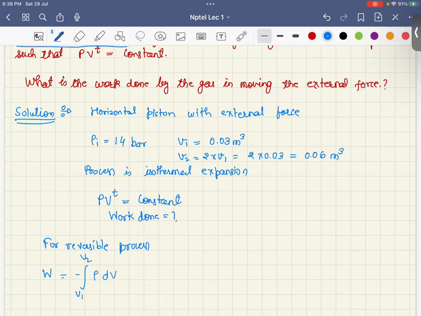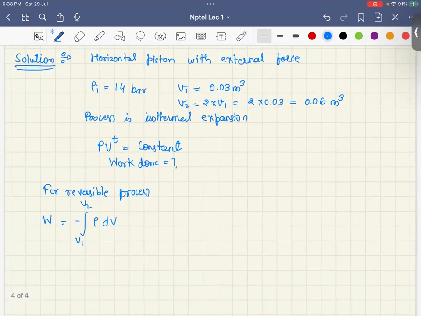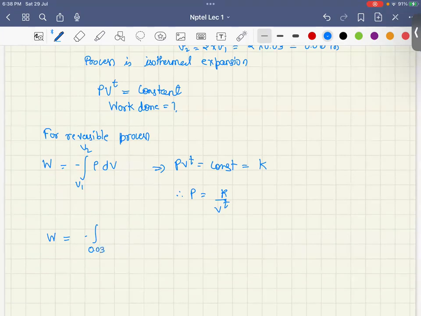So in this case, we know that PV to the power T is going to remain constant. Let's call that constant K. Therefore, P is going to be K by V to the power T. Therefore, this is going to be the integral from 0.03 to 0.06 of K V to the power T into dV. Right? So its integration comes out to be what?